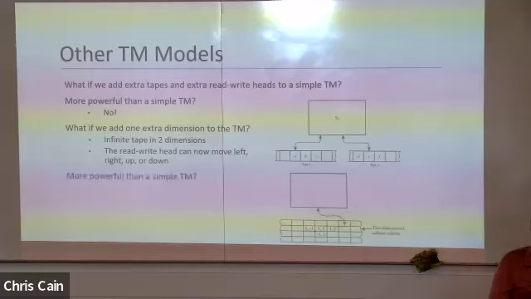What do we think? More powerful than a simple Turing machine? I think if there's a way to actually map that, then obviously it wouldn't be more powerful. Is there a way to map that with a simple Turing machine? I can't think of one off the top of my head, but it definitely seems possible, just thinking about it.